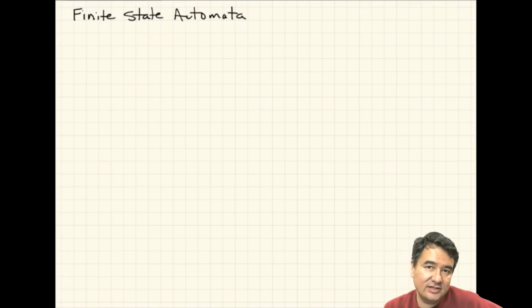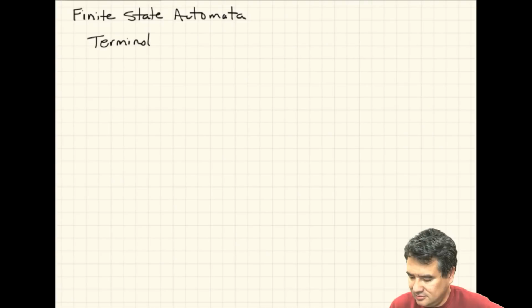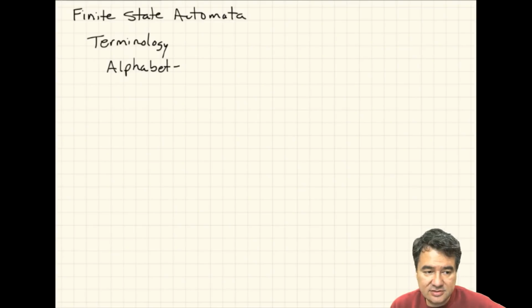We were talking about finite state machines, finite state automata, and just some terminology. We have an alphabet, which is a set of symbols.